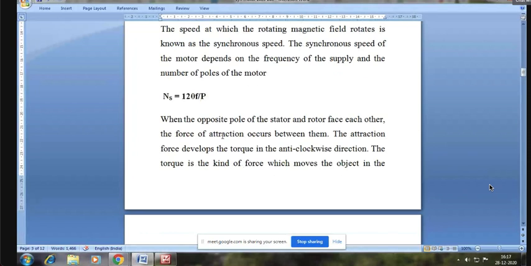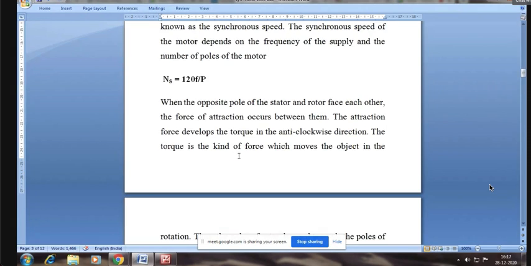Now, let us see how these two fields interact and what happens to the motor. When the opposite poles of the stator and rotor face each other, let us assume the stator north pole and rotor south pole face each other. Then a force of attraction occurs between them. The attraction force develops the torque in the anti-clockwise direction.